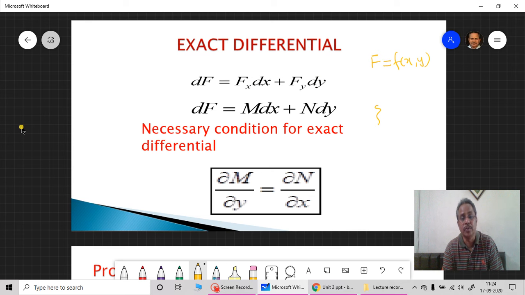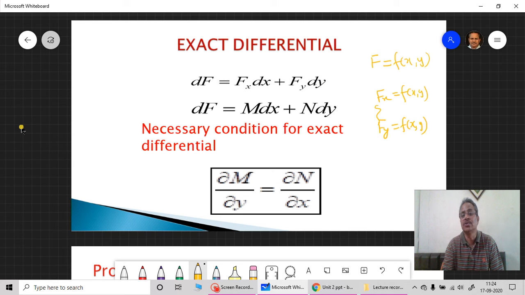Now let's write this as df is equal to m dx plus n dy, assuming that this fx is a function of x and y again, as well as fy is also a function of x and y. So f of x, y, fx is another function of x and y. Similarly, fy is also a function of x and y.